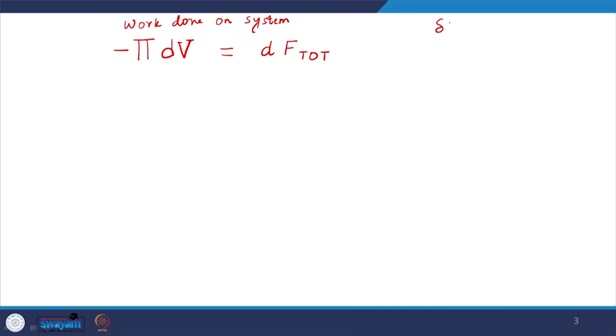So, we can think in terms of the first law of thermodynamics, where I said that change in U is given as change in Q plus change in W. By the way, we typically represent that as dU, since U is a state function, and these are delta Q and delta W because these are path functions. So, I said this is equal to TdS, and the second term we said is equal to minus pi dV.